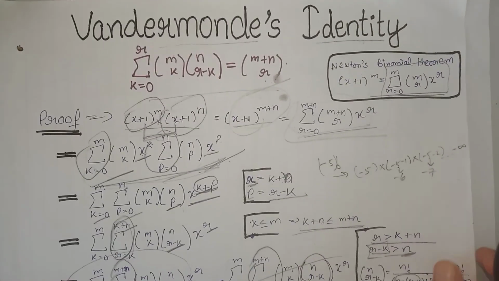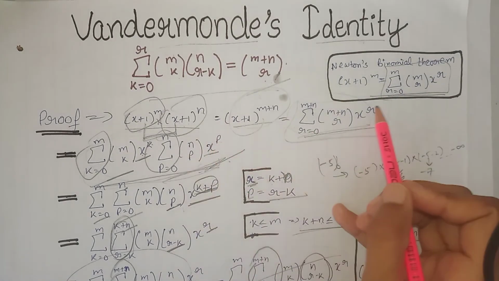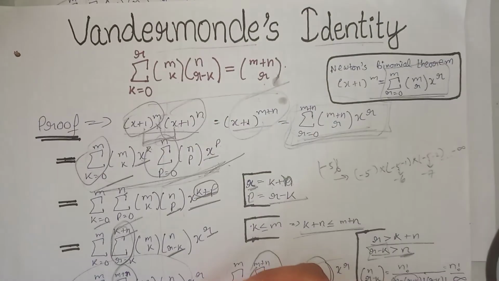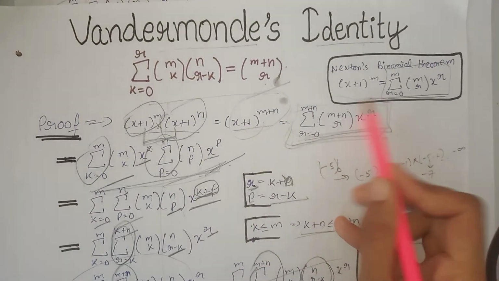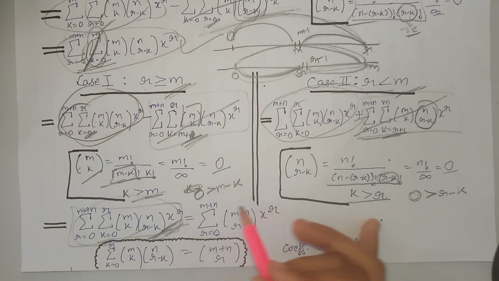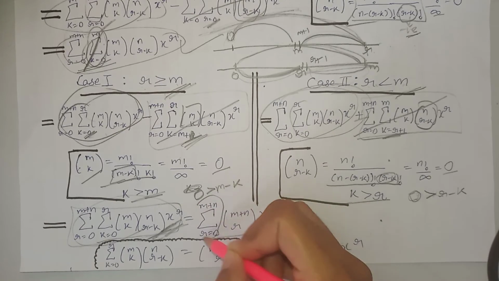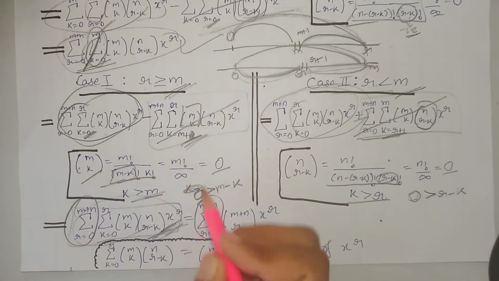We also know that when we started our proof, we stated that this term is also equal to this term, and we will equate the answer of this whole solution to this term. So that's why we equate here: this answer is equal to this term. Now we can see that here we have the same summations.